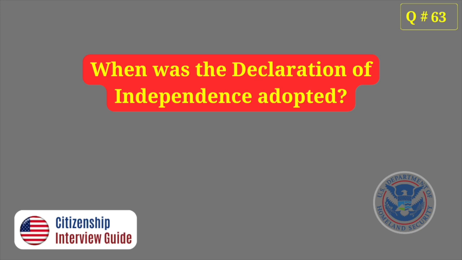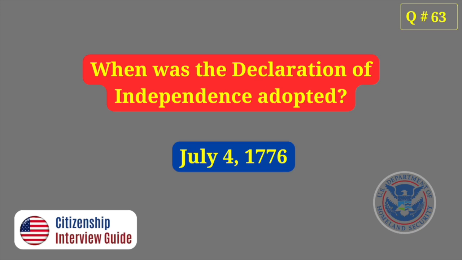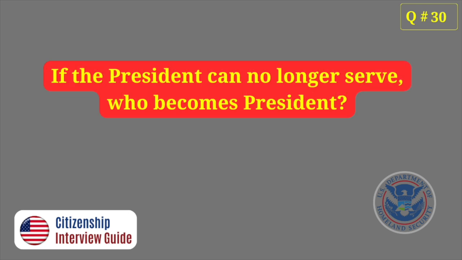When was the Declaration of Independence adopted? July 4, 1776. If the president can no longer serve, who becomes president?